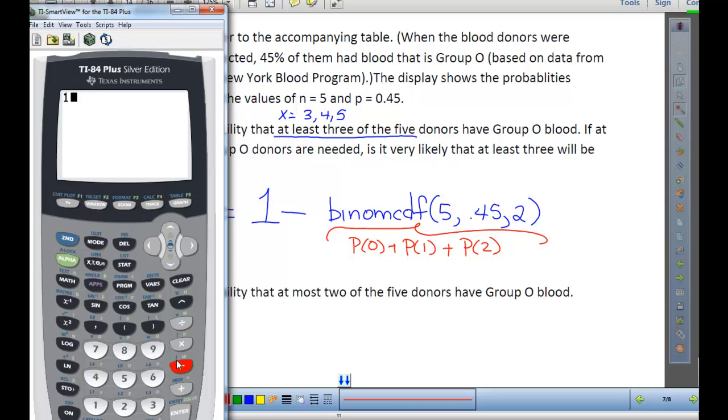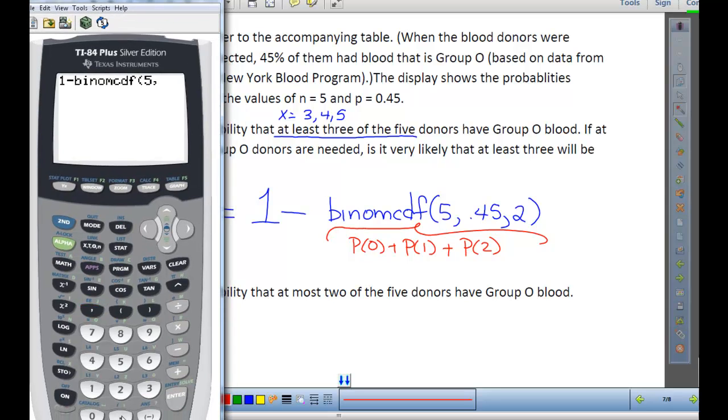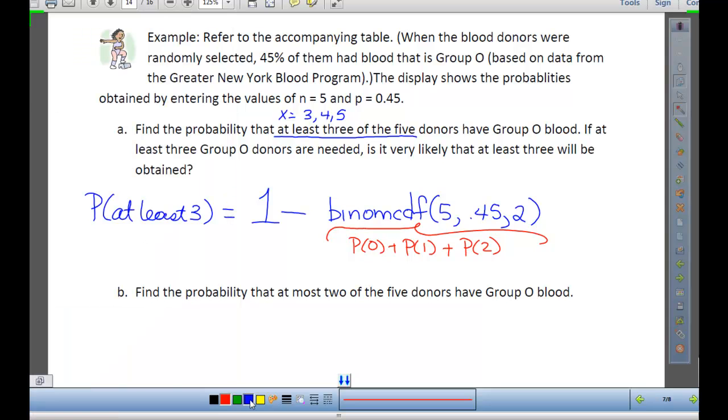Okay, 1 minus second distribution alpha B, and then we get 5, comma, 0.45, comma, 2. So we get 0.4069.